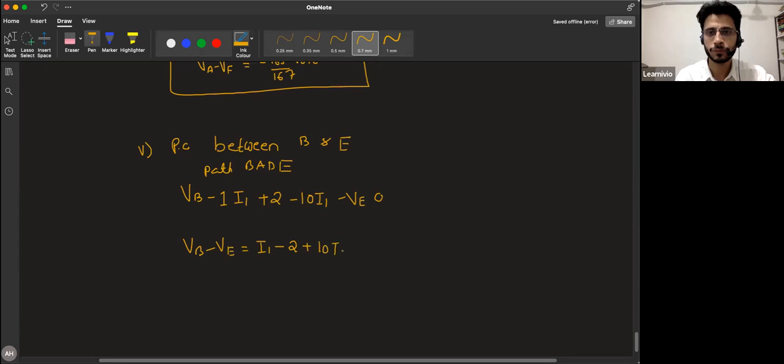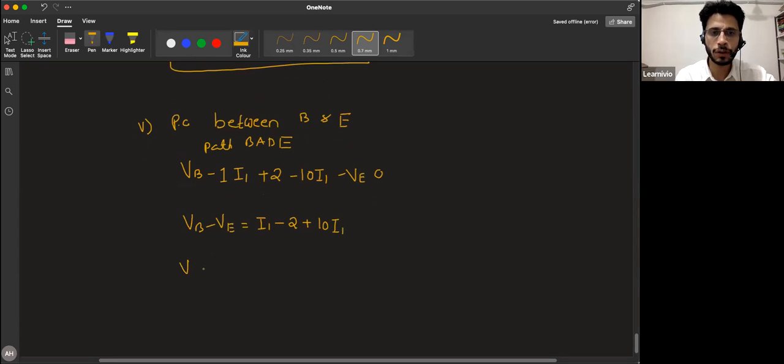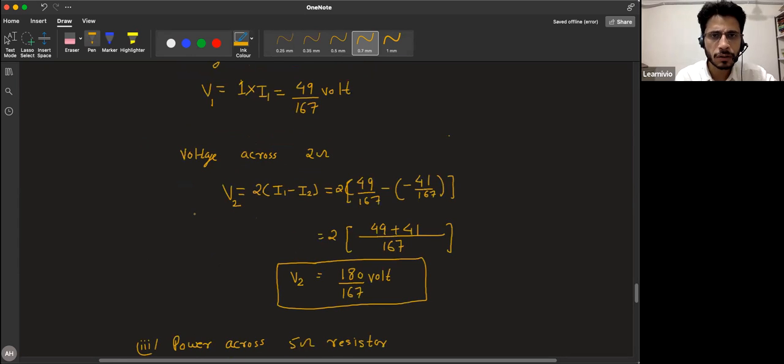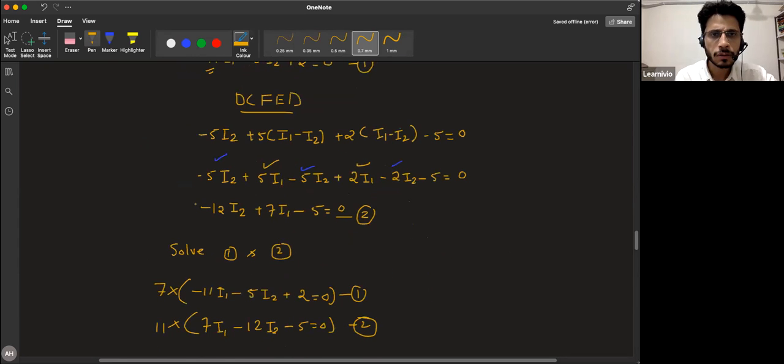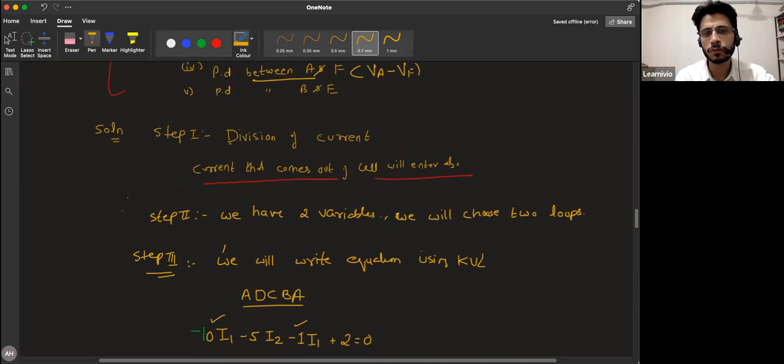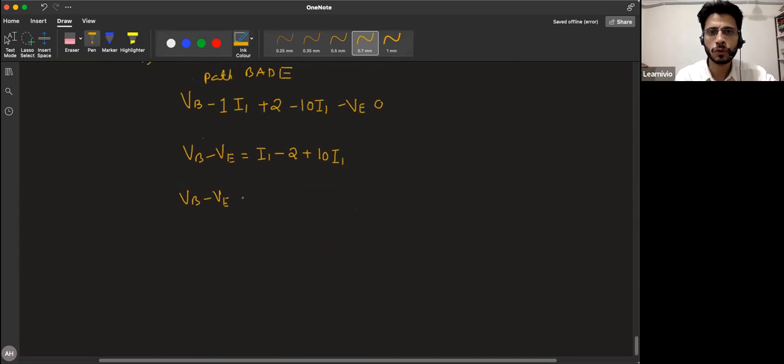So VB minus VE: the current passing through this 10 is I1 only, right? Yes, it's I1. So it's 11 I1 minus 2. You can substitute the value of I1 here.